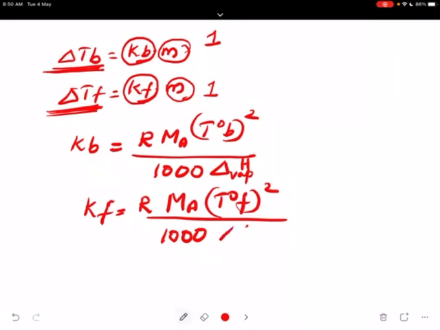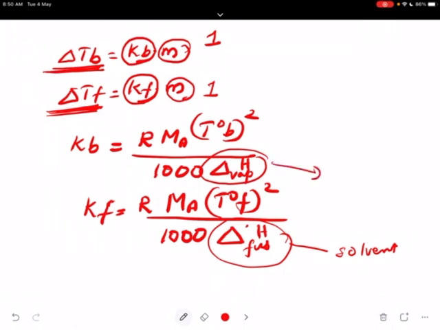This is fusion, delta H fusion, and both are for the solvent.